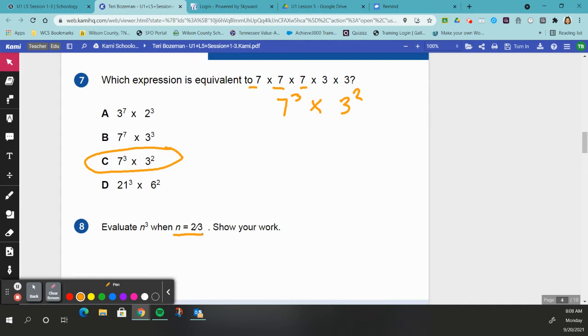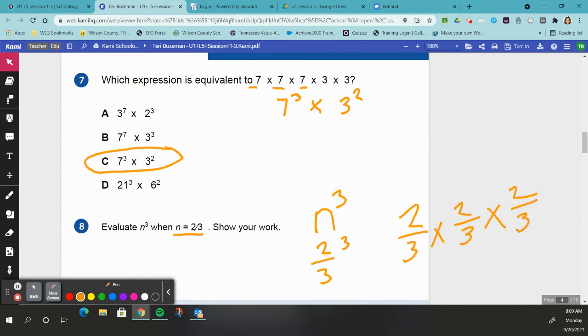Remember, variables are the letters, the unknowns in an expression. So our expression is n to the third, and we want to replace n with 2/3. So this is 2/3 cubed. So this would be 2/3 times 2/3 times 2/3.